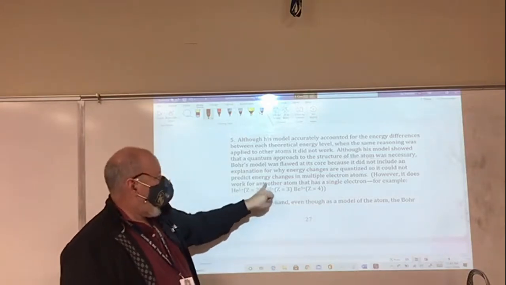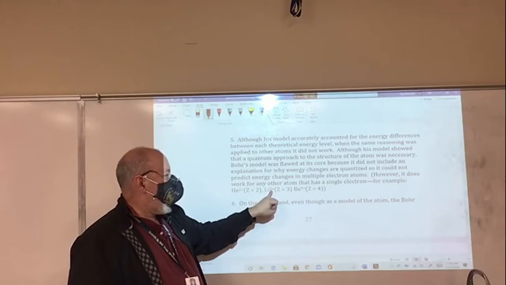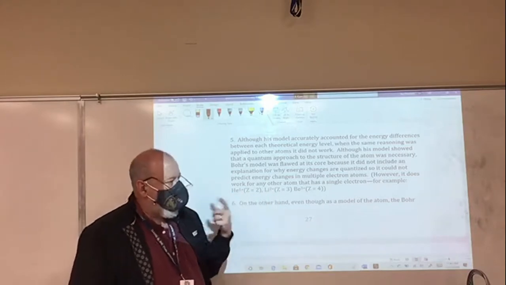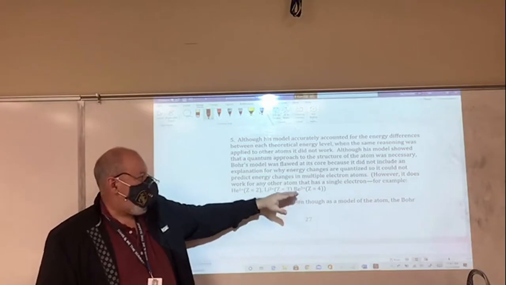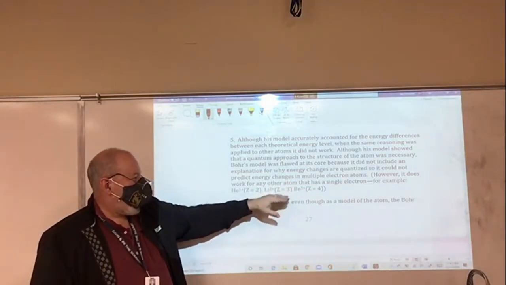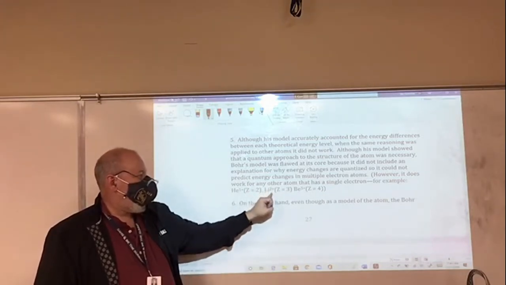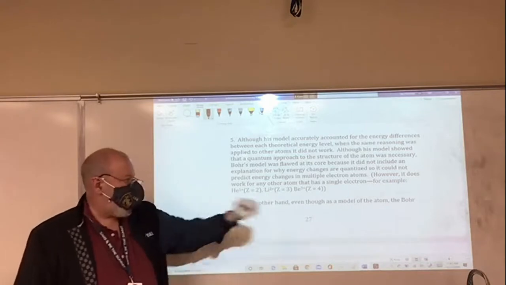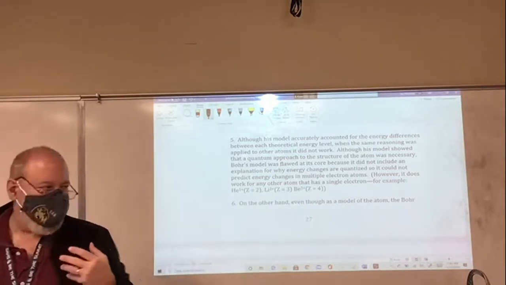If I have a lithium atom, remember it has 3 electrons. If I get rid of 2 of those, I now have a 1 electron system, but I have 3 protons. And if I plug 3 into the Bohr equation and try to find the energy levels for this other electron that's left over, it works. And the same thing if I eliminate 3 of the beryllium electrons.